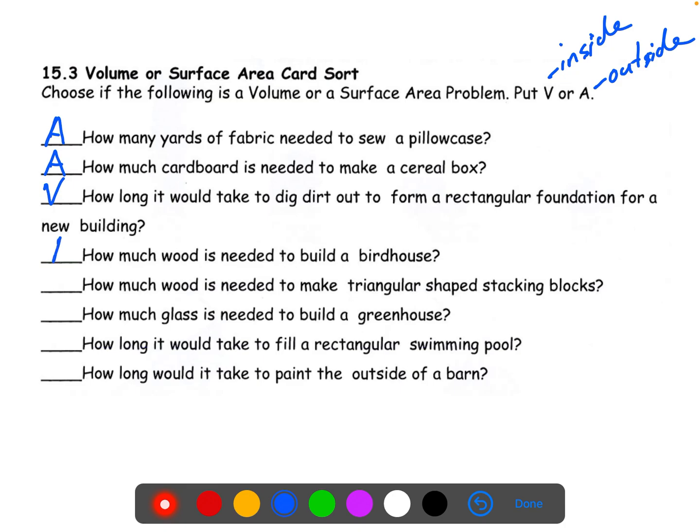Then we have area, area, area, volume, and area for the rest of those. So again, the areas are talking about the outside, how much wood is needed to build a birdhouse, or how much glass to surround a greenhouse. But then we talk about inside when we talk about filling a pool, filling it up with water.